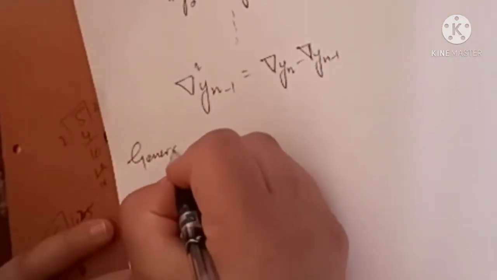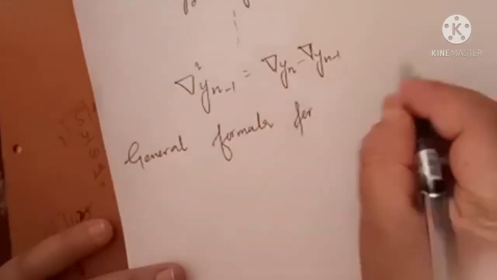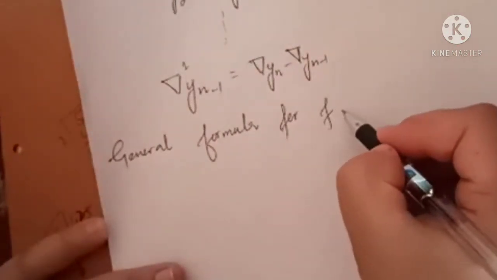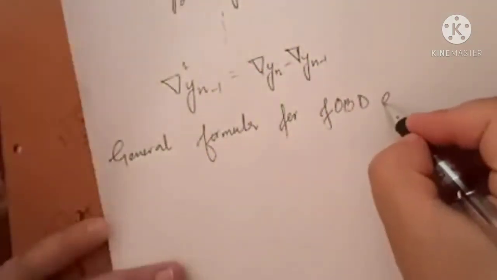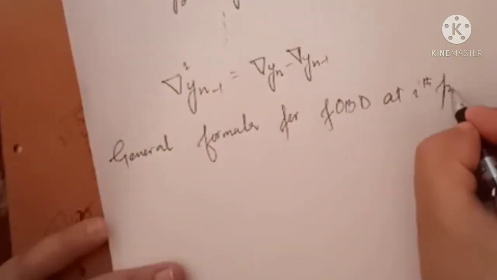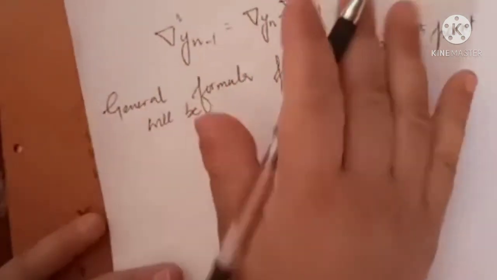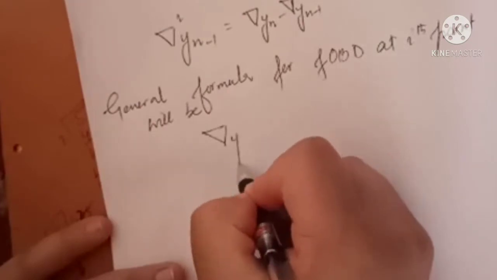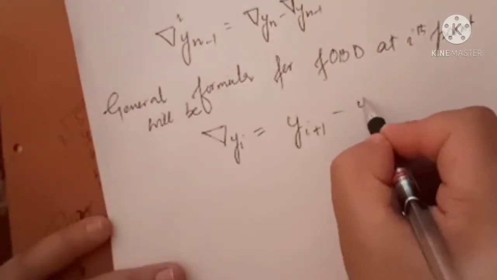So the general formula for the first order backward difference at the ith point will be delta yi equal to yi minus y(i-1).